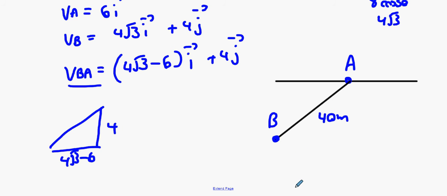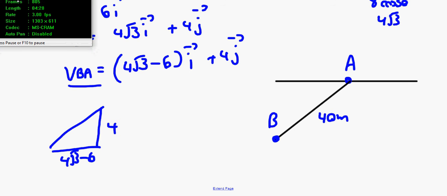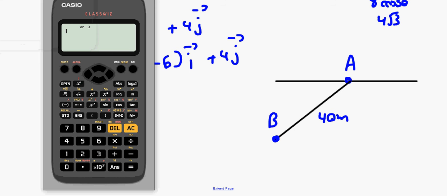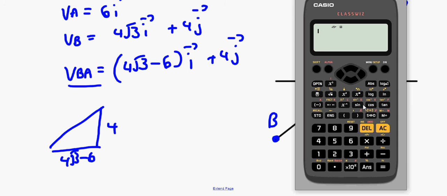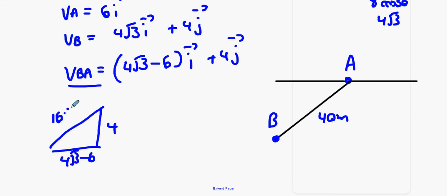And I'll use Pythagoras' theorem on that to get its speed, the velocity of B relative to A. So open 4 root 3 minus 6, squared, plus 4 squared.